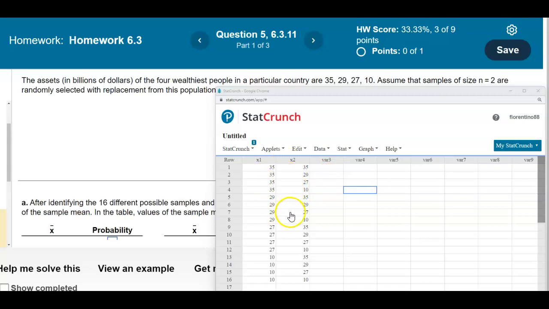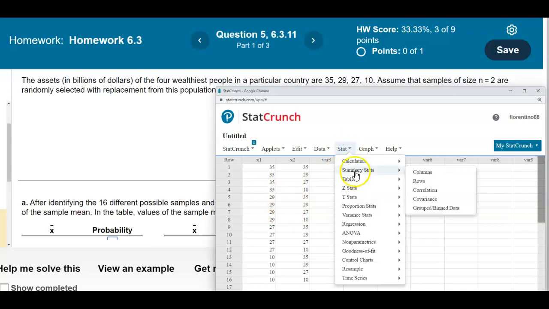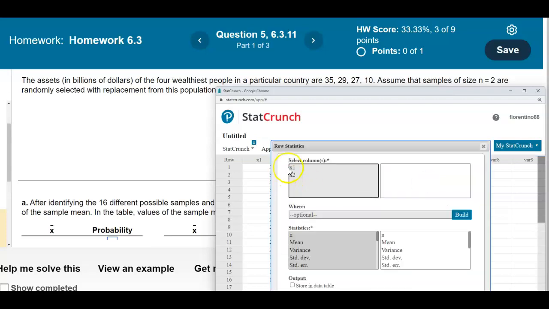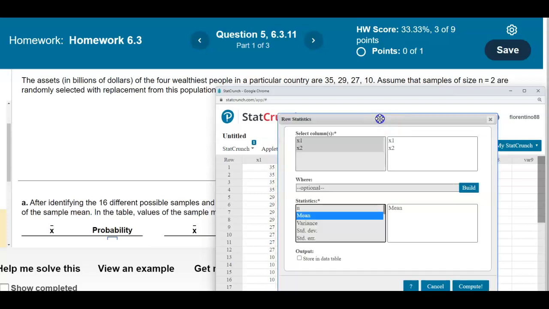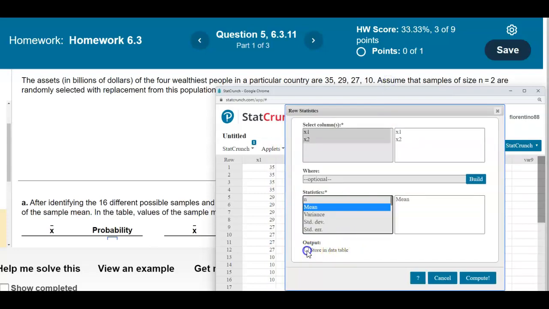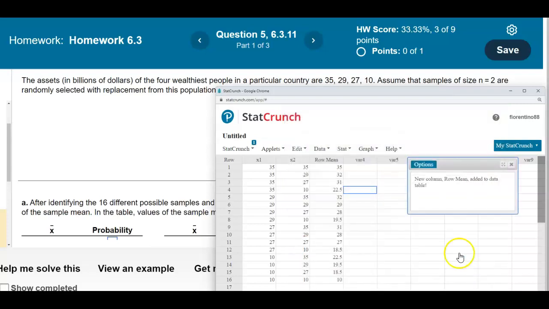Okay, so now we want to find the mean of each sample, according to the rows. We're going to go to Stat, Summary Stats, select Rows. We select both of these columns and then find the mean, because we want to put this in the table. Let's select Compute, and there are our means.